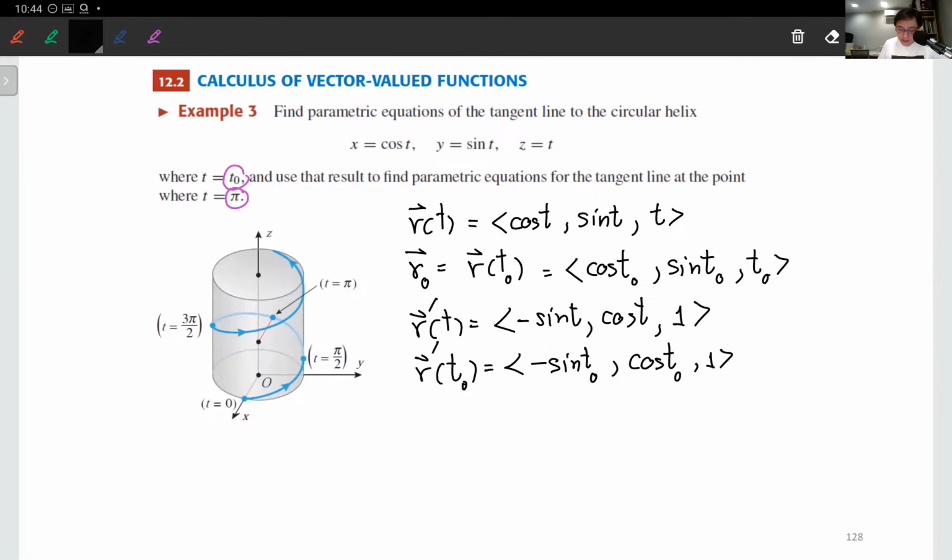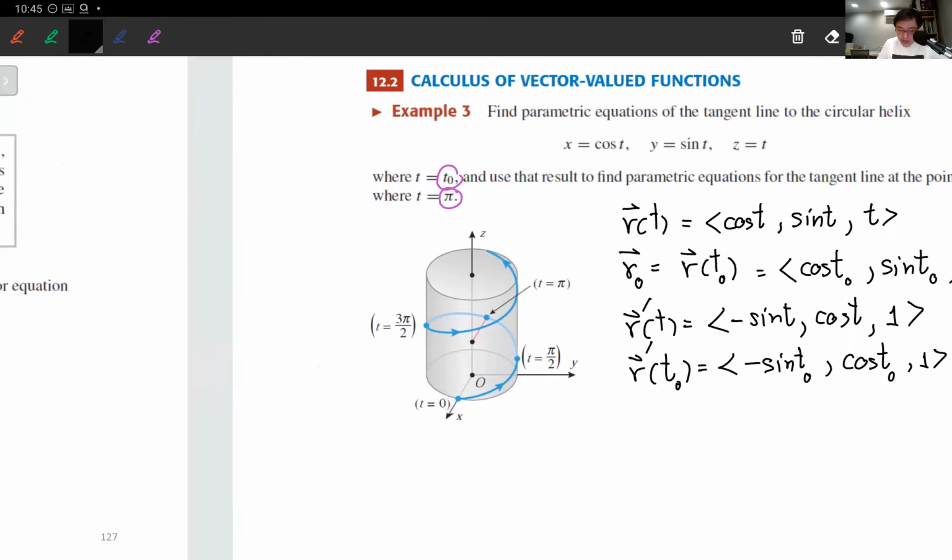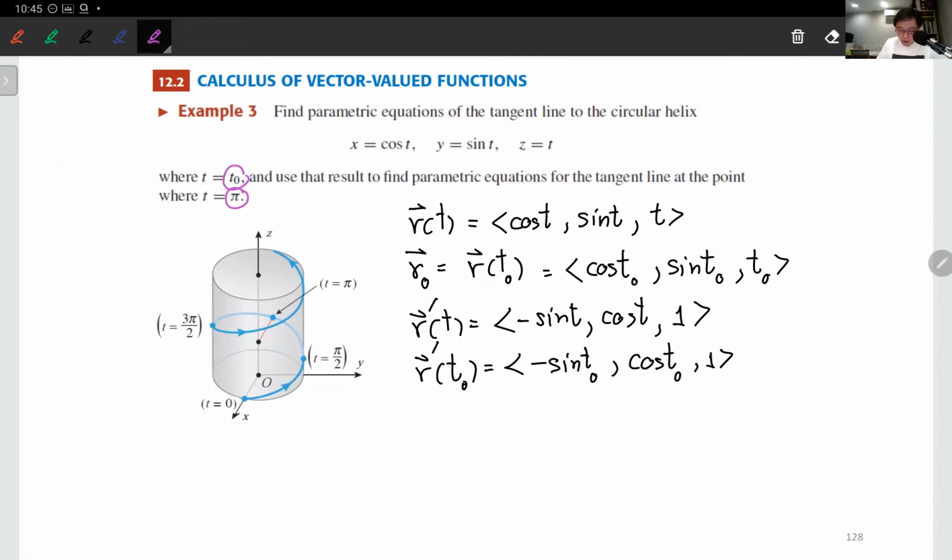So your straight line, I mean, using the same notation, r naught right here, is going to be cosine t naught, sine t naught, t naught, which is very good.